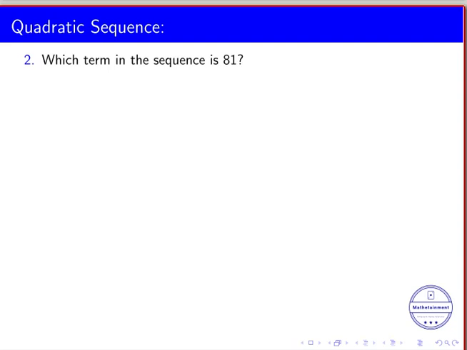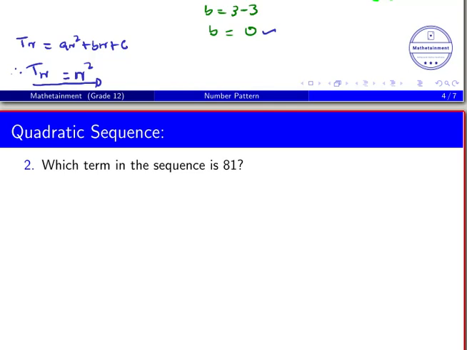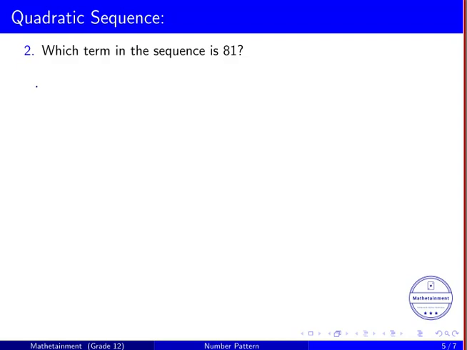If they say which term in the sequence is 81, they are looking for the value of n, meaning you are going to use the general term that you got during your calculations, which is Tn equal to n squared. That makes Tn to be 81 equal to n squared. Okay, so you take the square root of both sides.